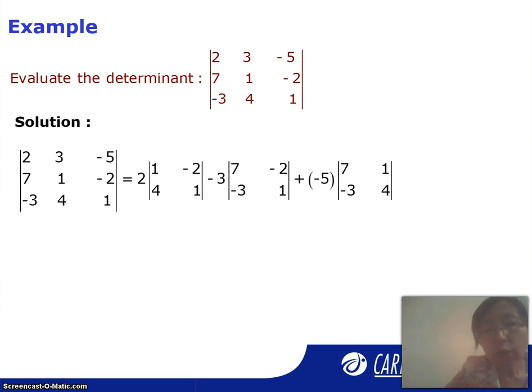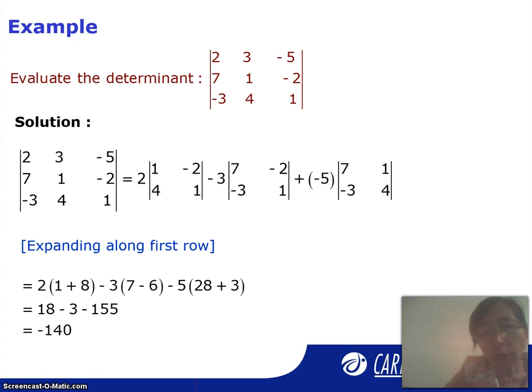We have 2 multiplies the determinant of second order 1, minus 2, 4, 1, minus 3 multiplies the determinant of second order 7, minus 2, minus 3, 1, plus minus 5 multiplies the determinant of second order 7, 1, minus 3, 4. So expanding along the first row.